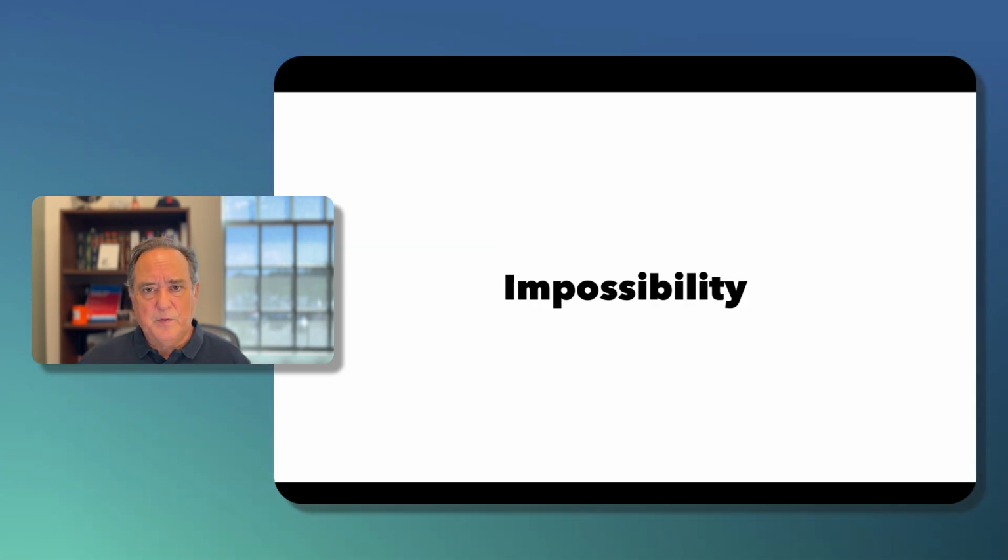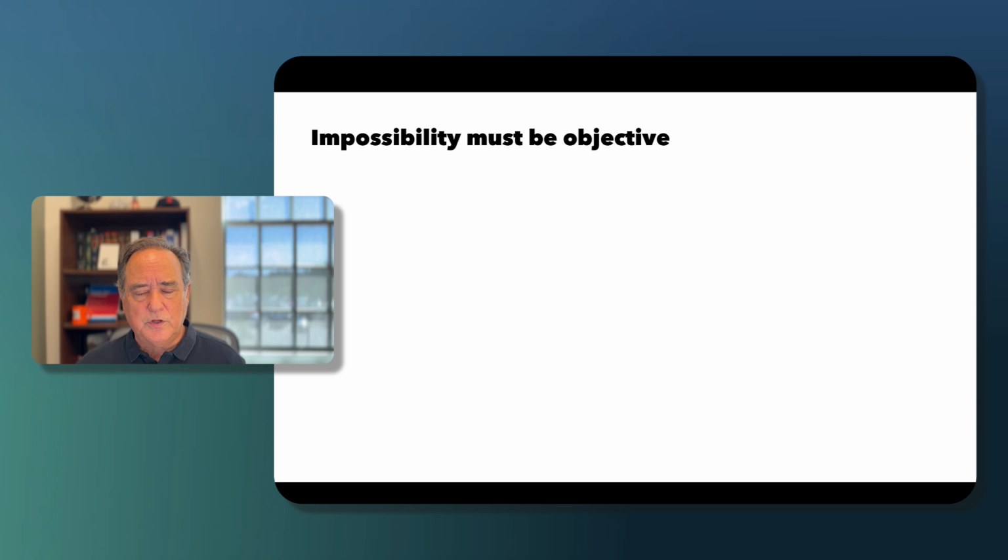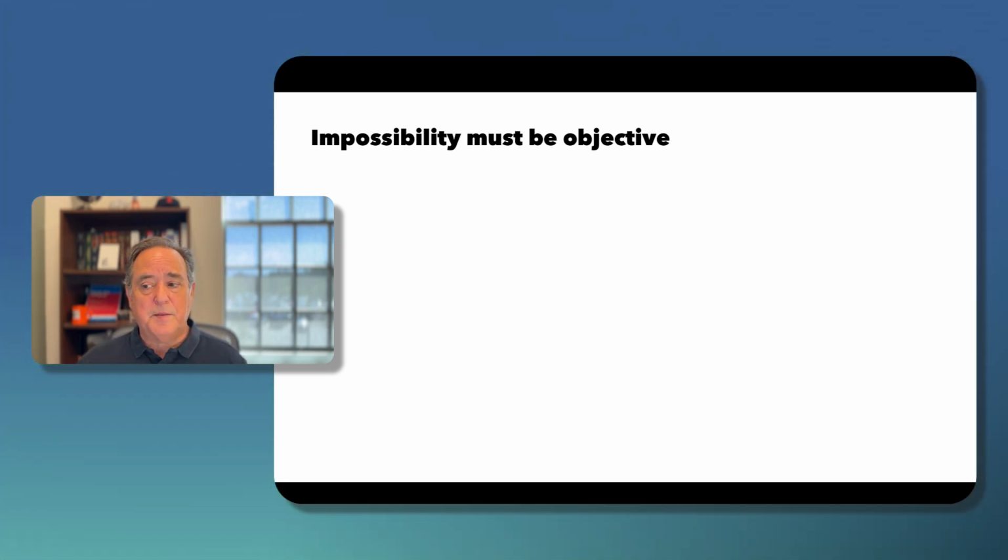Impossibility. If it becomes impossible for one of the parties to perform, then that party could seek to be excused from its obligations under the contract. Now, impossibility must be an objective standard, meaning not simply that it is impossible according to the party who wishes to breach, but that it would be impossible to a reasonable person that the performance could be achieved.